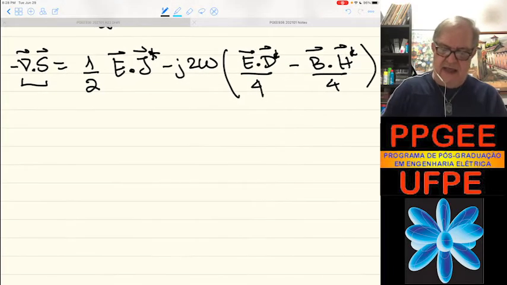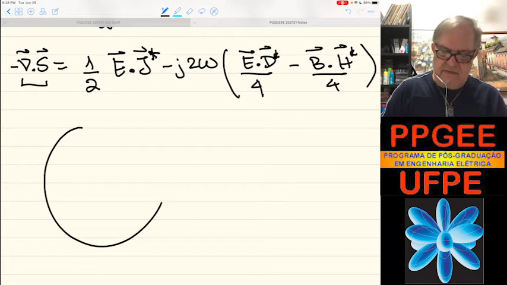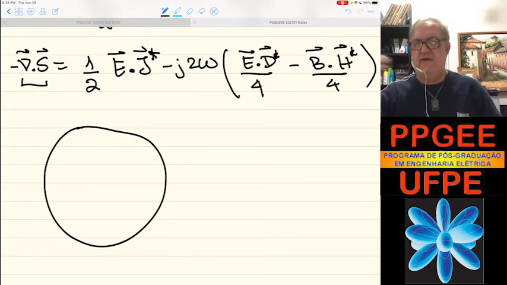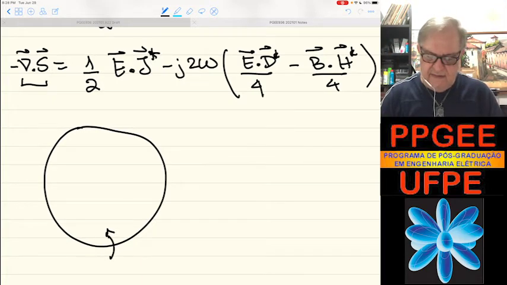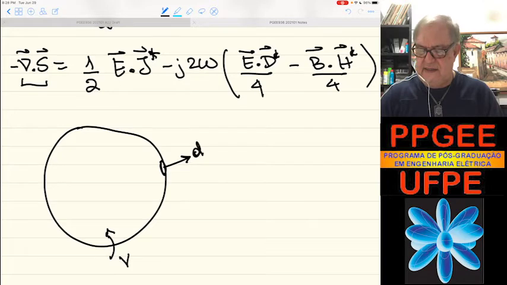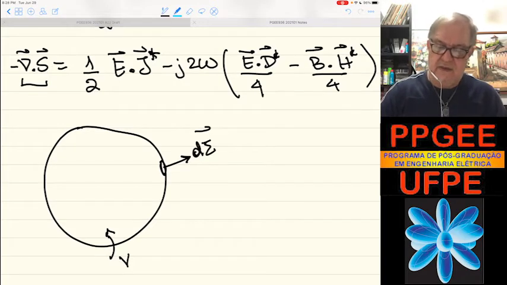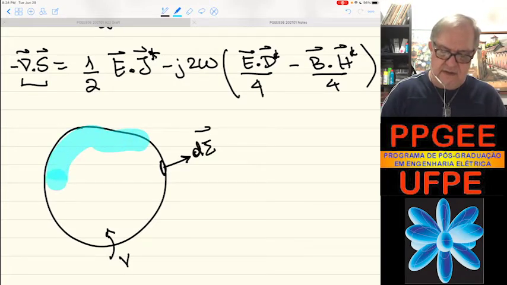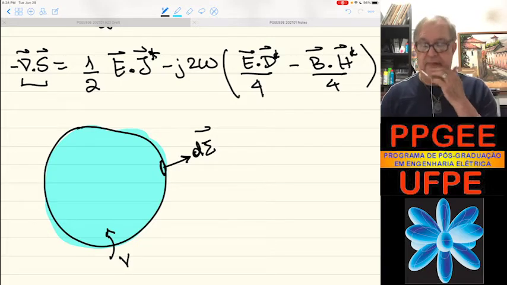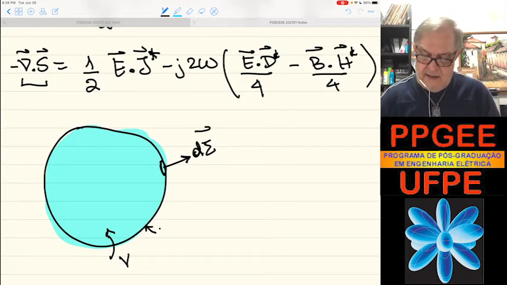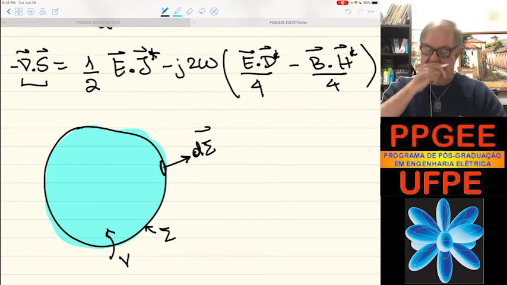Okay, so we're going to have a closed volume. We have fields propagating in space. We just calculate on a closed volume, V. The element outwards is the differential area sigma, right? So we have this volume here, right? So that's an area sigma here, right?